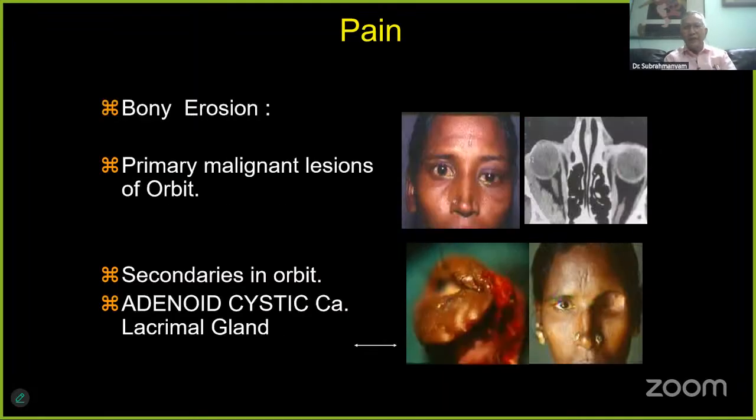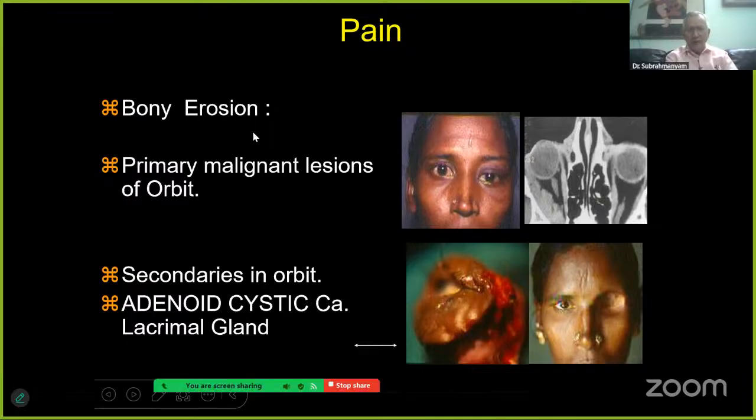Pain, especially a dull pain posteriorly in the back space, is usually due to bony erosion, which could be because of primary malignant lesions of the orbit or secondaries or metastatic lesions in the orbit. Here you can see a lady, probably in her third decade, with a fullness more on the lateral side, eyeball pushed down and in.